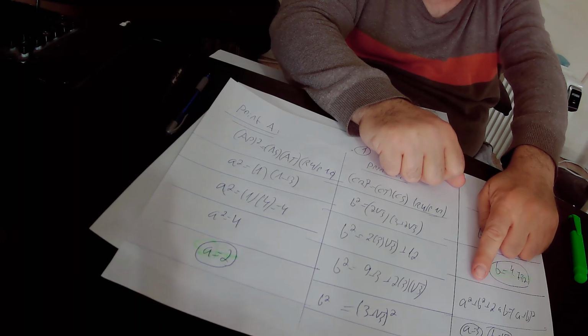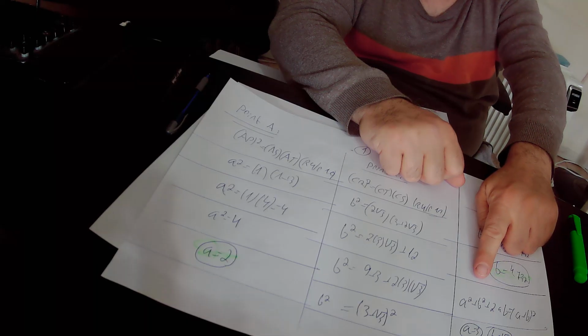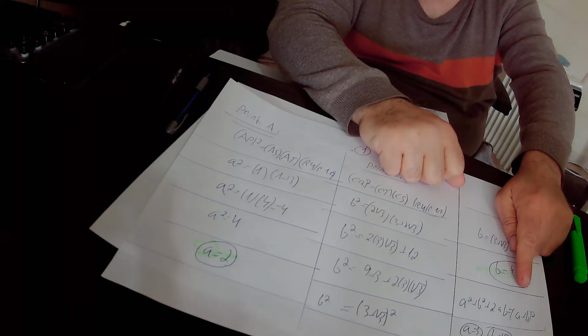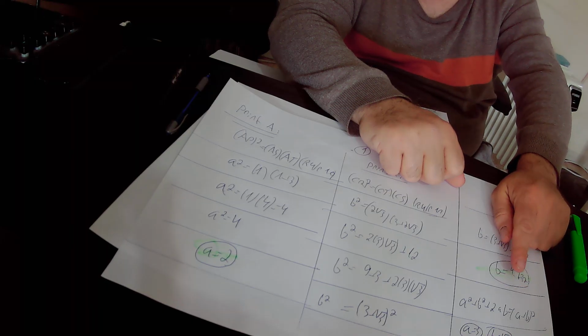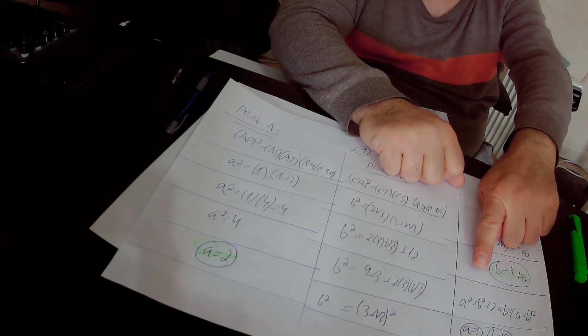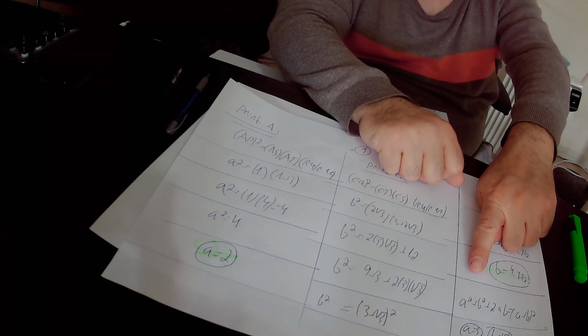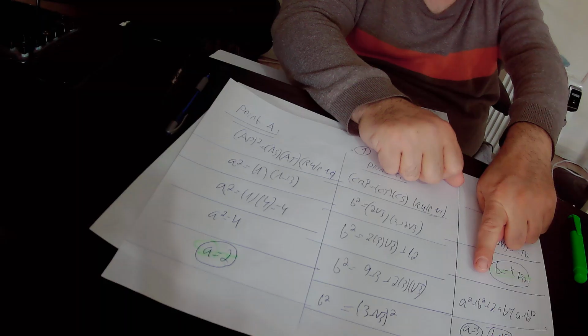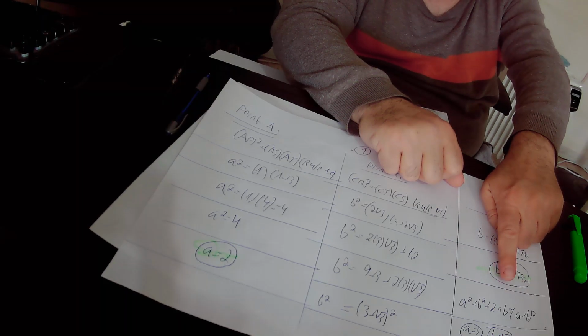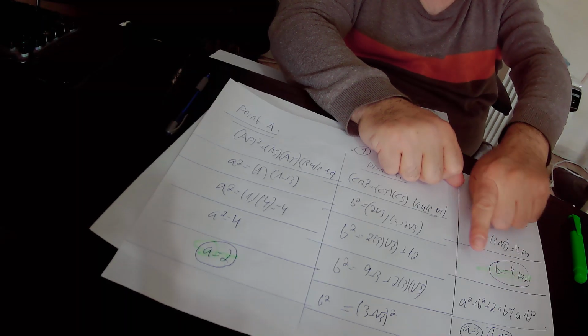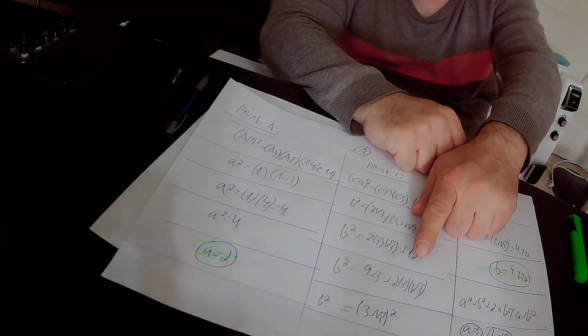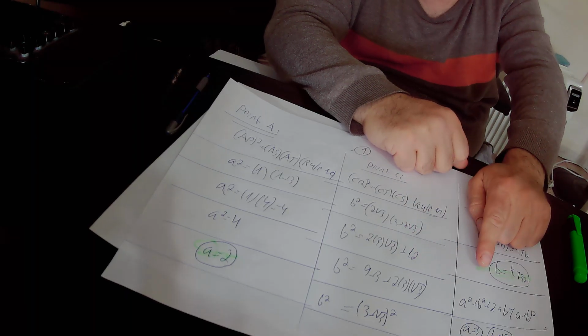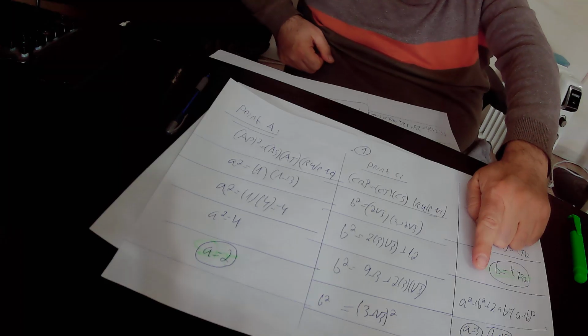And this is the algebraic identity that A square plus B square plus 2 times AB equals A plus B square. If we substitute A in this algebraic identity by 3 and B by square root of 3, we get that A square plus B square plus 2 times AB will be exactly 9 plus 3 plus 2 times 3 times square root of 3. Why? Because if A is 3, then A square is 3 squared, that is 9.